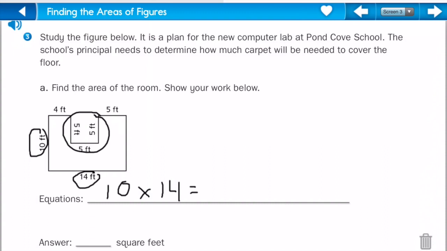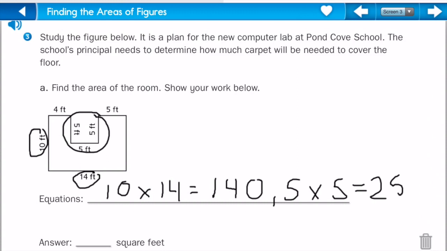So if I do 1 times 14, that equals 14, and I just add my 0. And I know next what I'm going to do is 5 times 5 to figure out what this area is that I circled. That equals 25. Now I'm going to subtract 25 from 140 because that little box is missing.